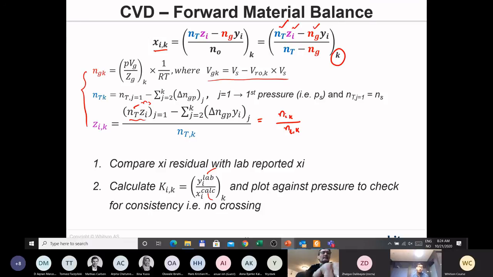We have used it sometimes when we have to do very complex equation of state model tuning with a lot of binary interaction parameters, which we will go through in the next-to-next topic. There we need some K value data to control the regression. So that's just a comment on this.